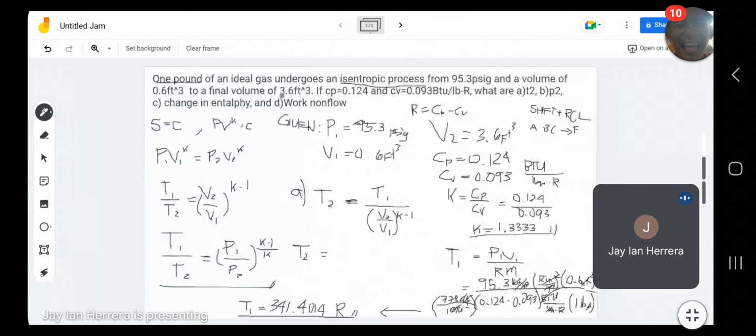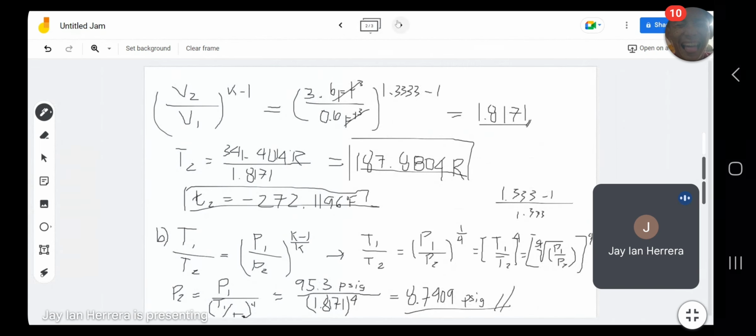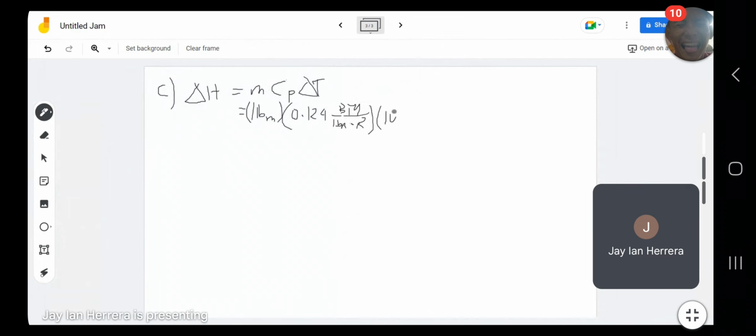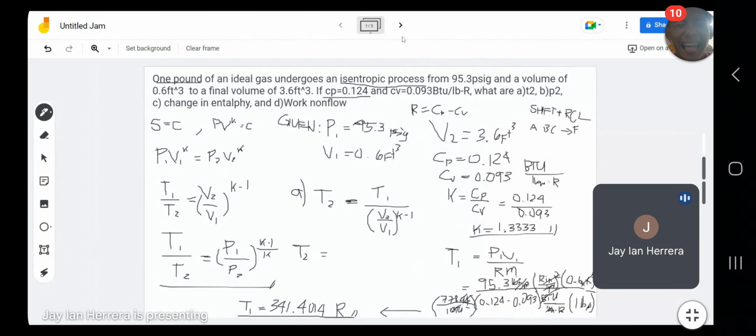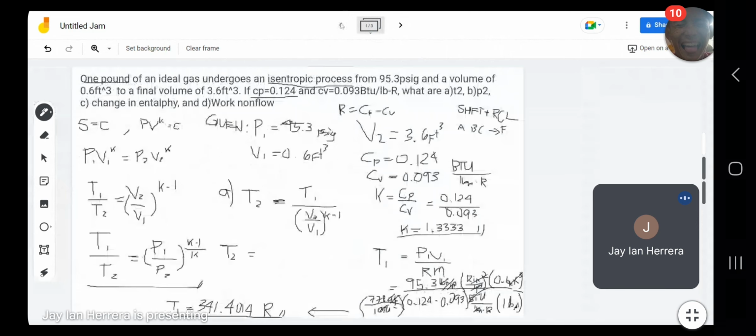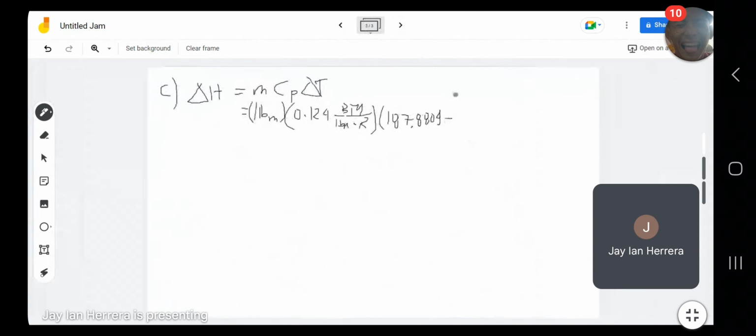And delta T natin, 187.8804 minus our T1, that is 341.4014.